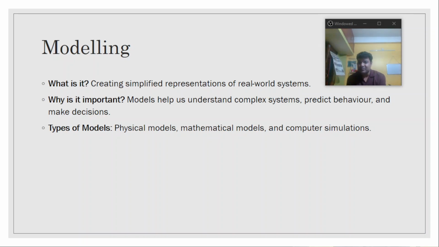Types of models: one is physical models, second one is mathematical models, and computer simulations. Computer simulation means the modeling of a computer system.